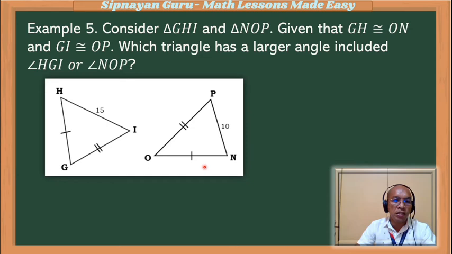These two sides are congruent. What is asked is which angle is greater, angle HGI or angle NOP. This side is greater than the measure of this side, so definitely the side opposite it, according to the Hinge Theorem, is greater. So in this case, angle HGI is greater than angle NOP.